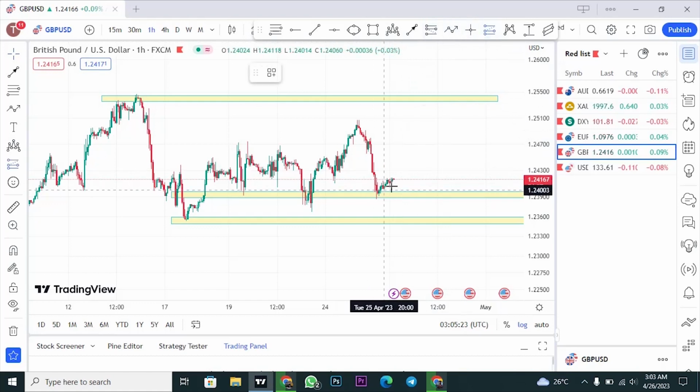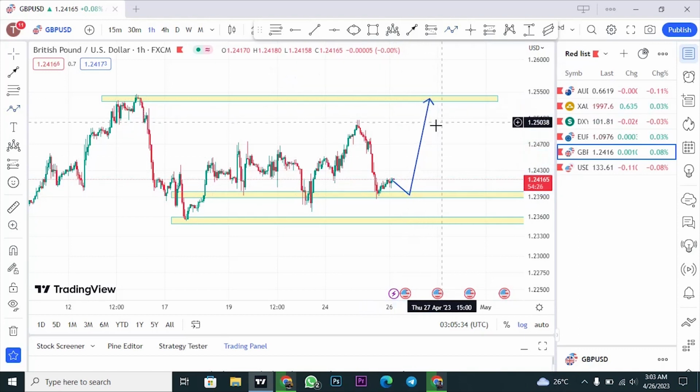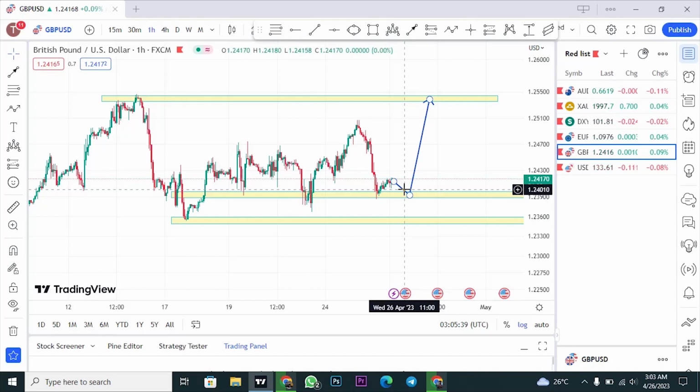So after price is able to push to the upside, the only way I will be happy to enter the market is if price is able to come back here and then push to the upside. That's the only way I will be interested in going into the market on GBP USD.